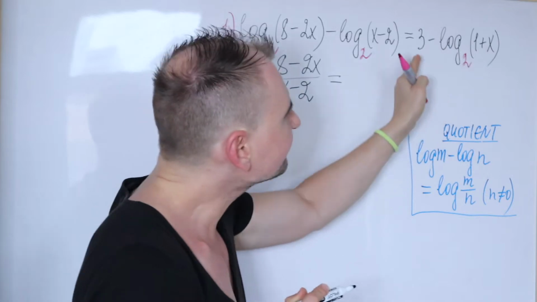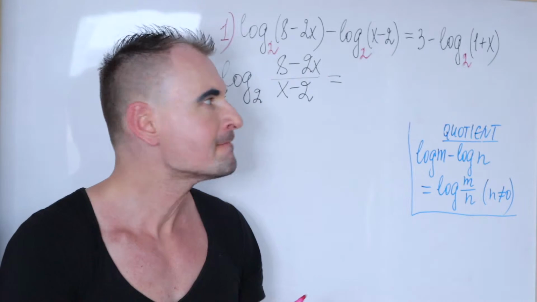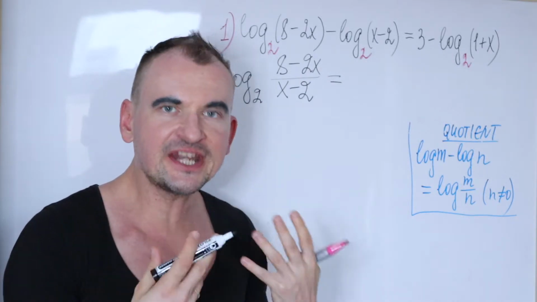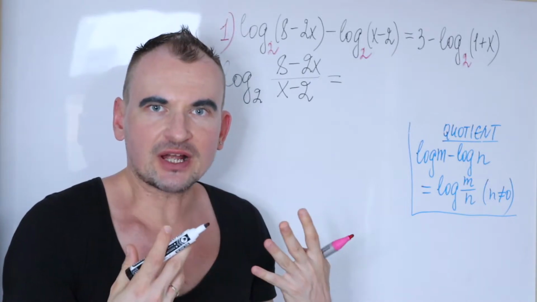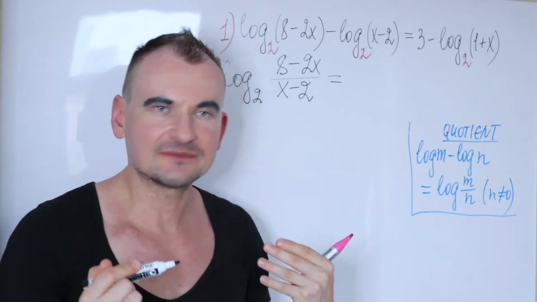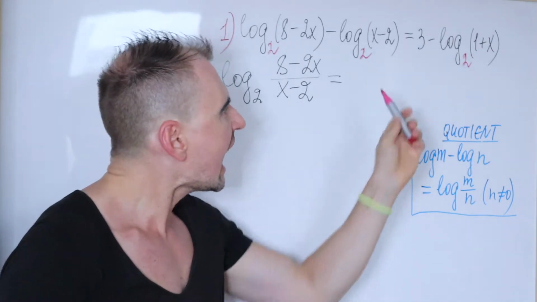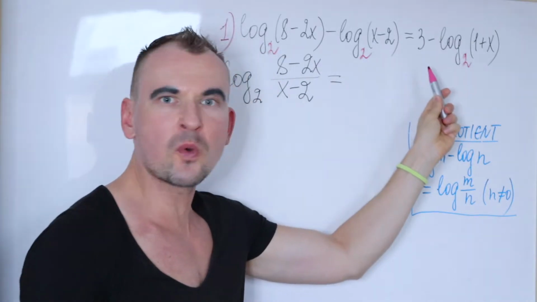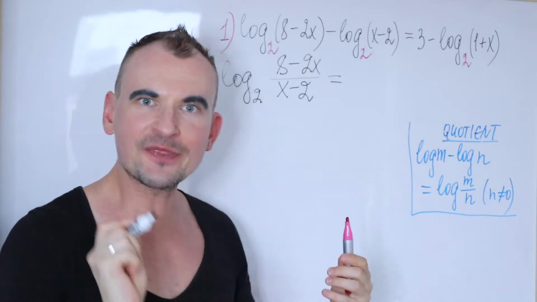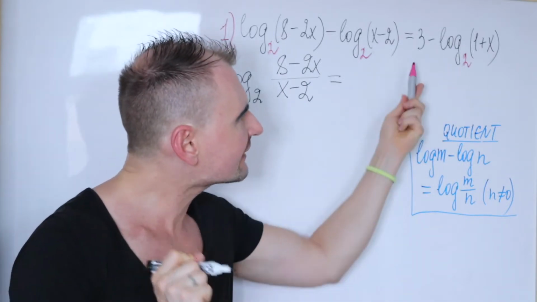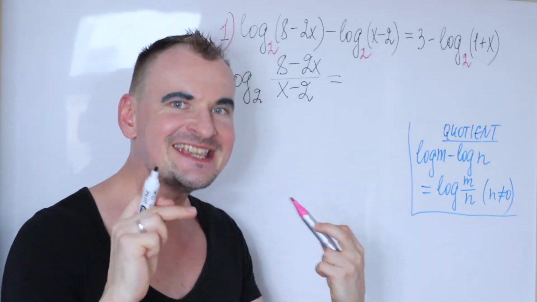But we have this 3 kind of hanging around, sticking out, and this constant makes it impossible for now. But we can turn this 3 into a log, and then we could combine these two logs into one. Now the question is how to turn this 3 into a log.